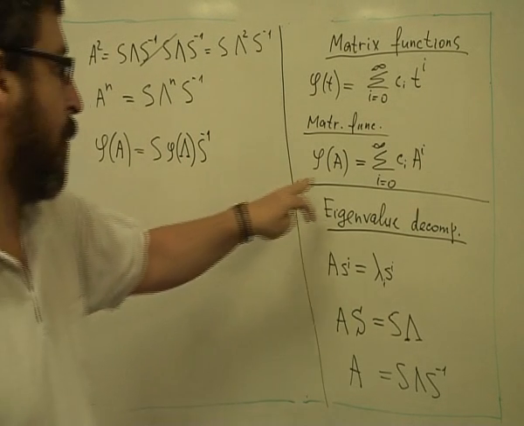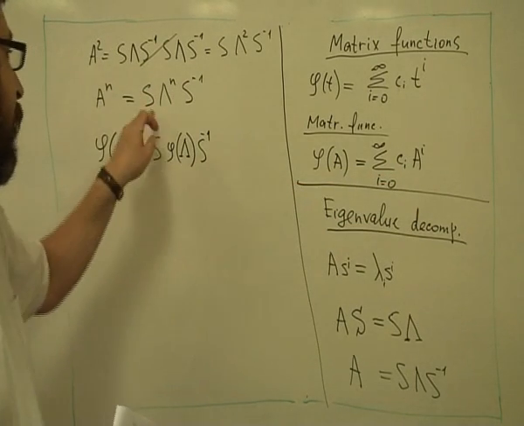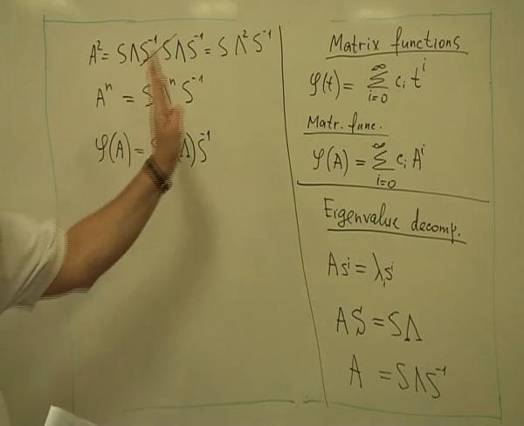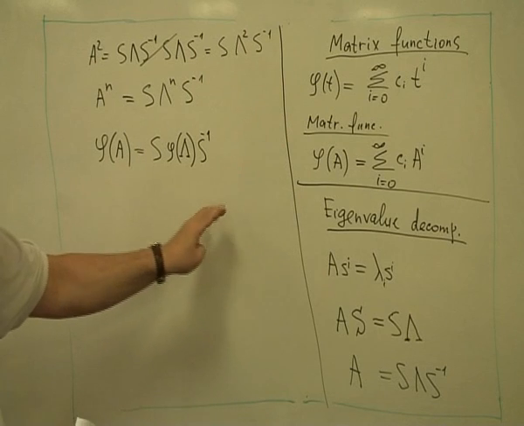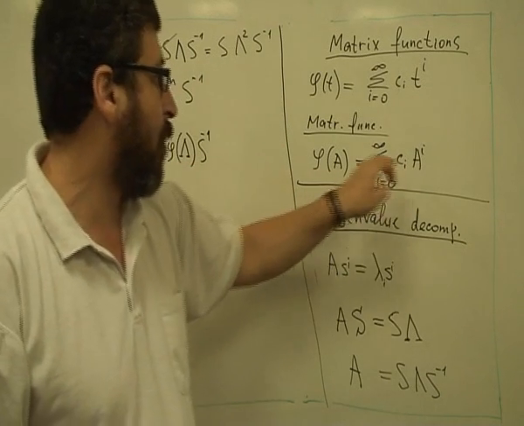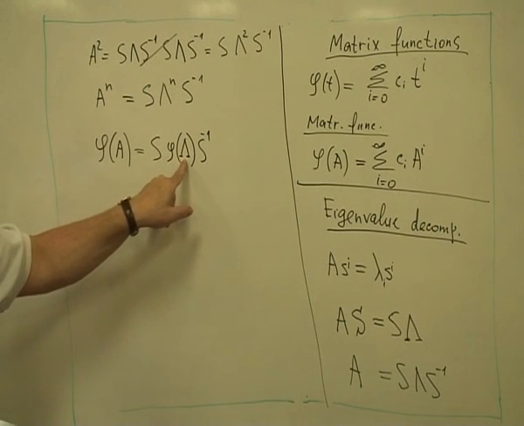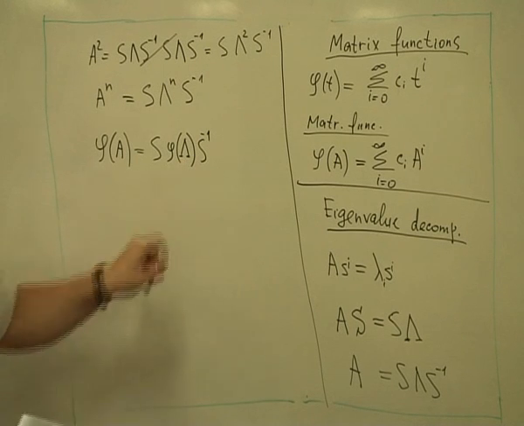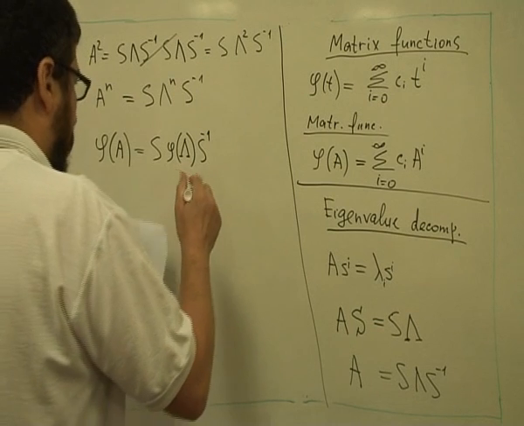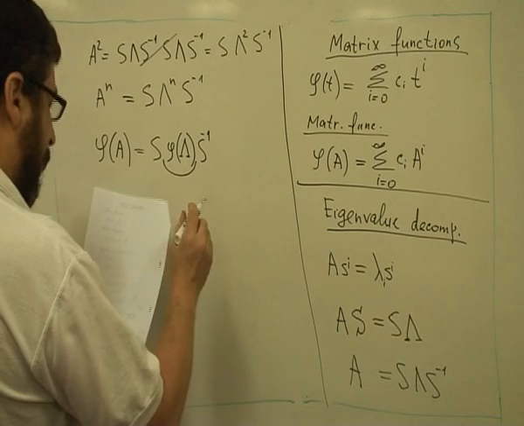I substitute the sum, and then instead of powers I write this, and then I take S and S inverse out of the parentheses and get the same expansion, only with the diagonal matrix lambda inside. And I can even open up what phi of lambda means.